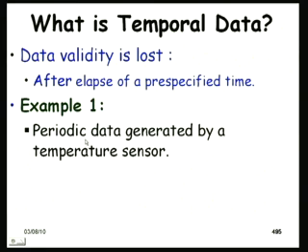Let us consider periodic data generated by a temperature sensor. So, here as newer and newer temperature values become available, the old values become archaic and they are not considered as the latest values.